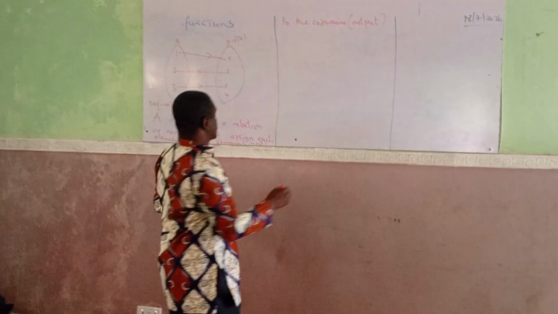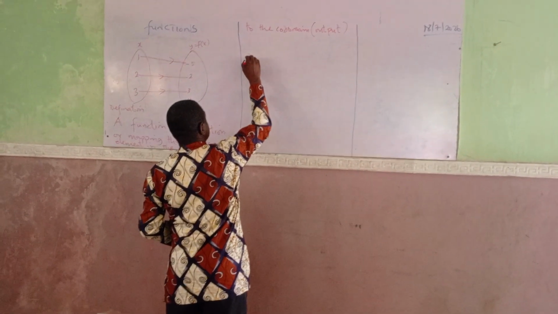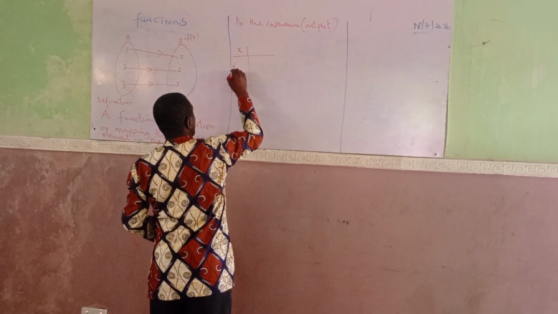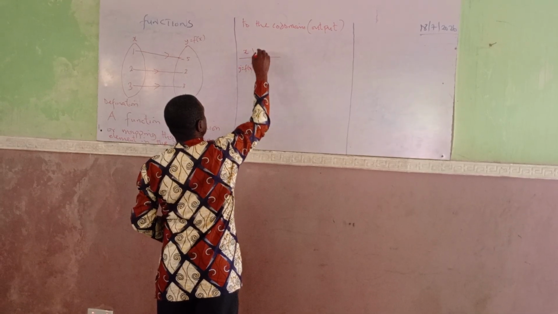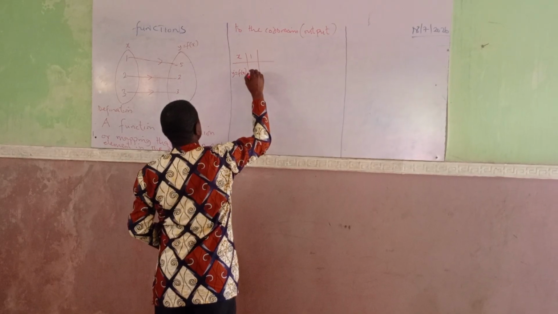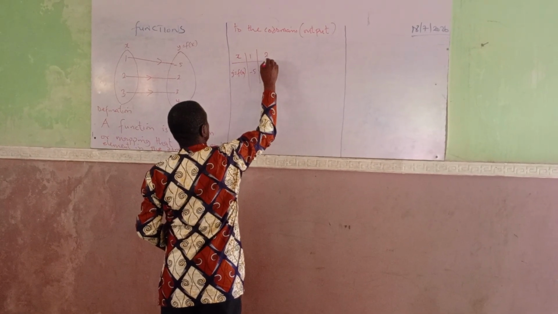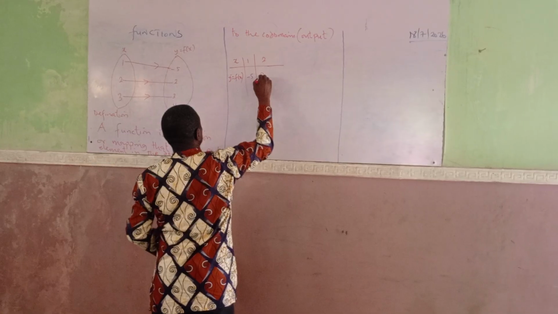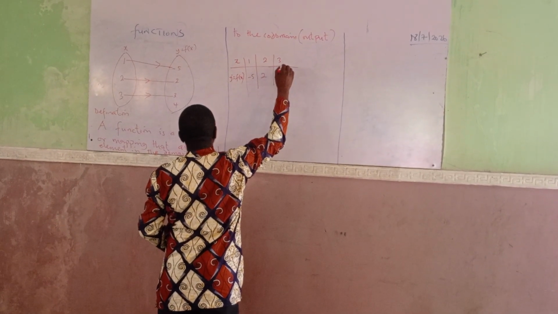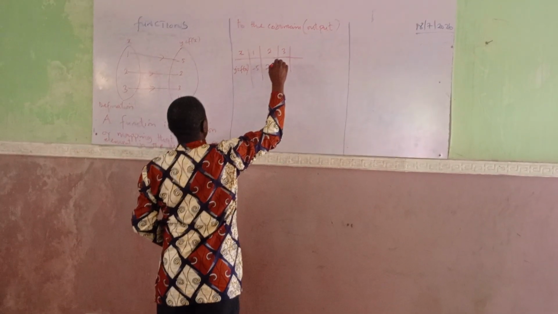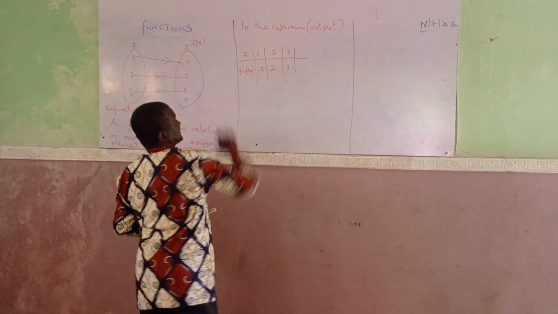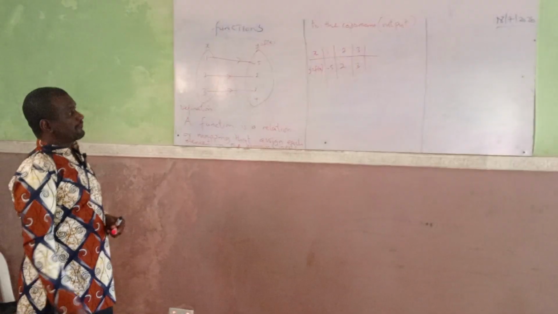Another thing you should know is that it could also be represented in the sense of X and Y, as a table of values where Y equals f of X. So if you have a domain element 1 mapping to a codomain element minus 5, you also have 2 mapping to 2 in the codomain, and you have 3 in the domain, which is the input, mapping to 3 in the codomain. So this is what we mean by a function.